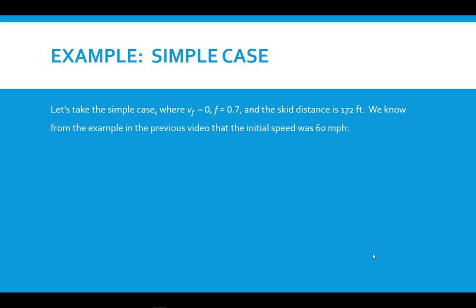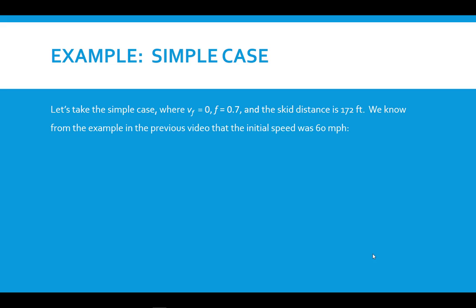Let's use this to test our analysis with a problem that we already have answers for. Let's let the final velocity be 0. That should still work. We'll use the friction coefficient, or the drag coefficient as it's called in the world of accident reconstruction, of 0.7, and a skid distance of 172 feet.